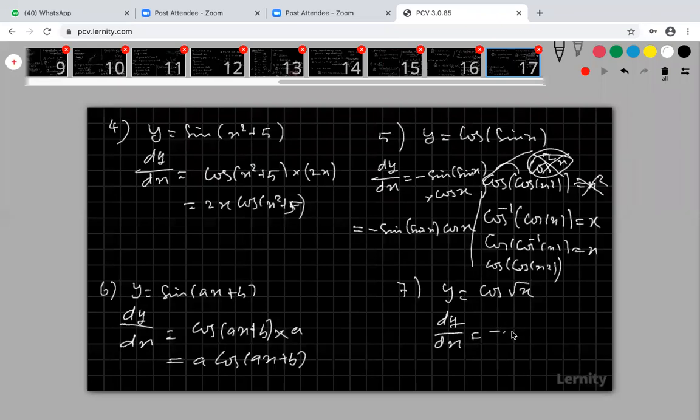Here dy by dx is cos root x, minus sine root x, and again differentiation of this root x. What is the differentiation of root x?